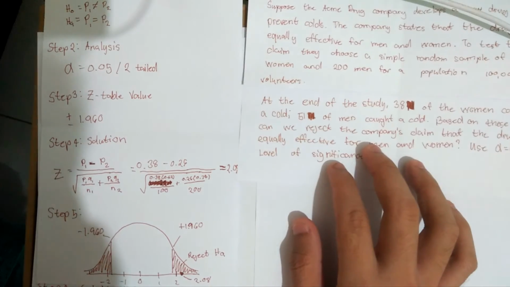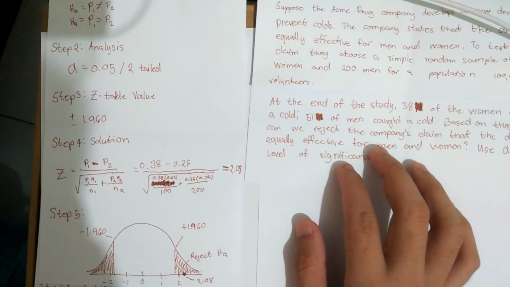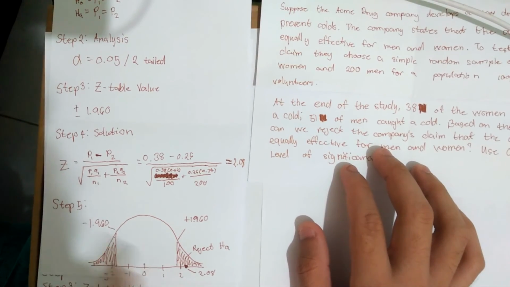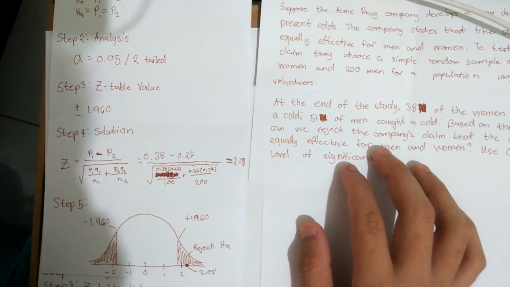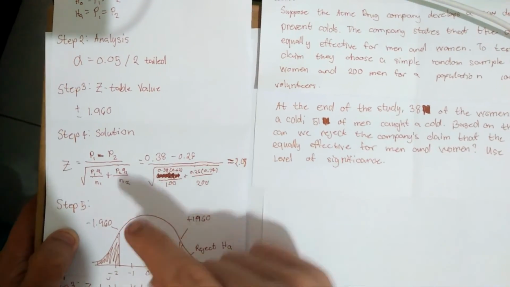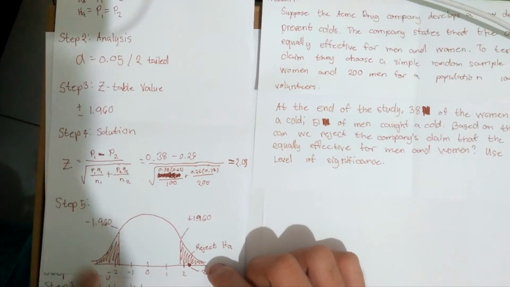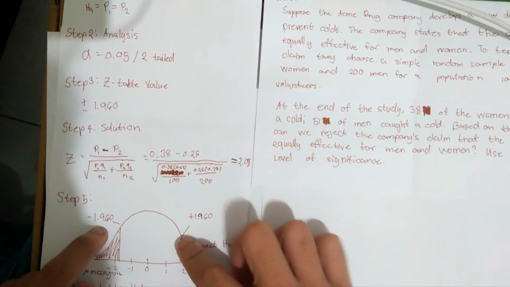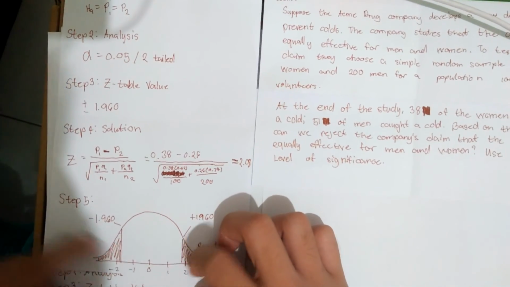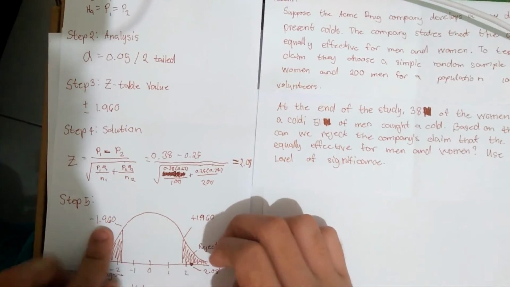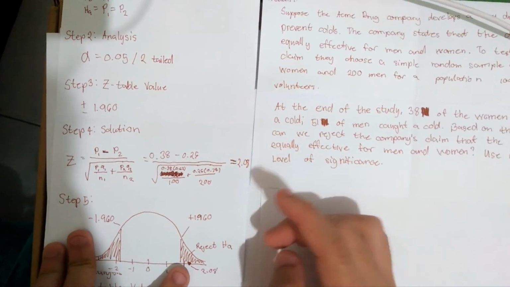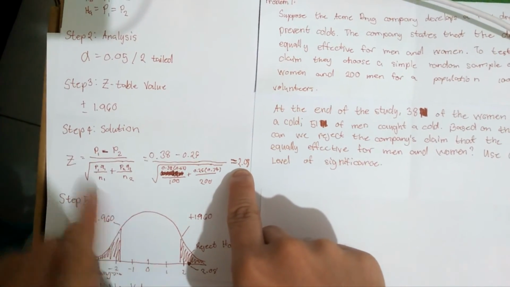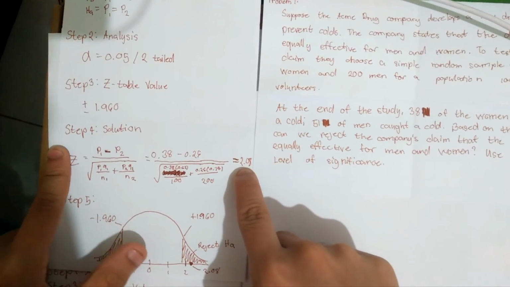In step 5, you just need to draw a bell-like shape and plot the Z-table value, which is 1.96, and 2.08, your Z value.